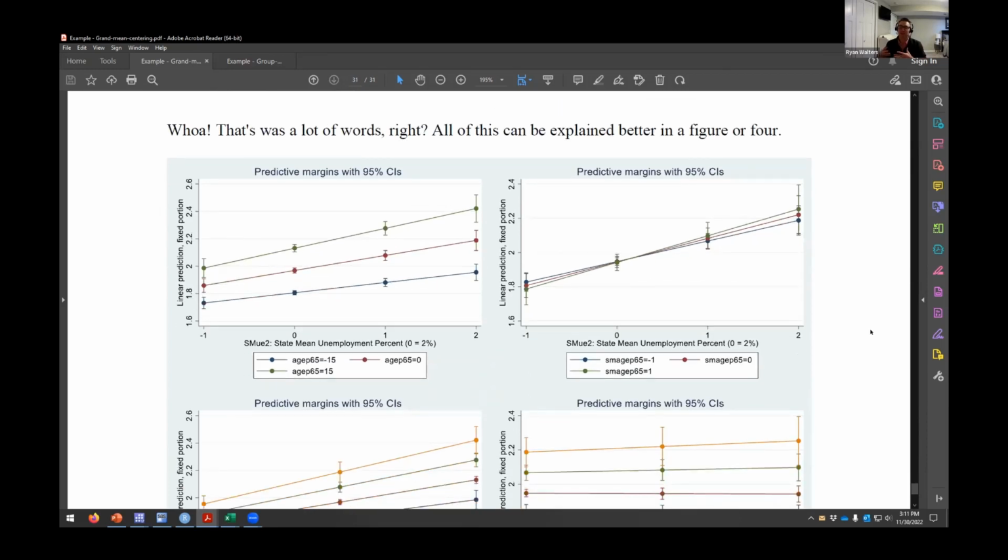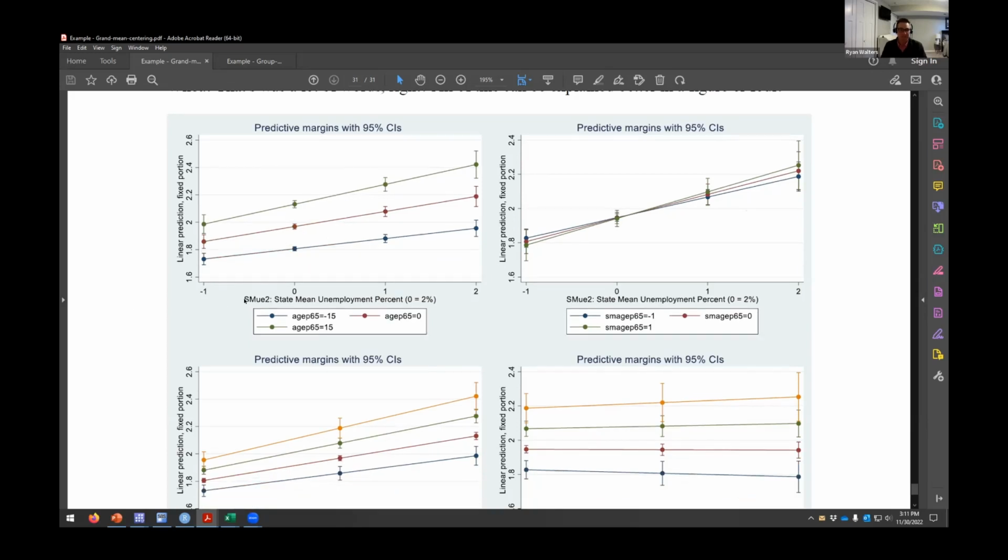But what we have seen so far is that as unemployment was higher, the age effect was larger. As in, for people who were older, the effect of unemployment on disability was larger as well. You can say words, you can provide tables, you can provide output, all of that, but really a picture is worth 1,000 words.